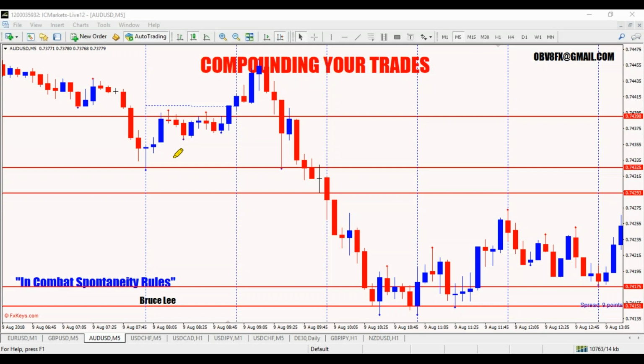So this H1 that closed below this H1 here. Once this happened, we then look, do we have price action from the previous H1s' internals that can give us something?